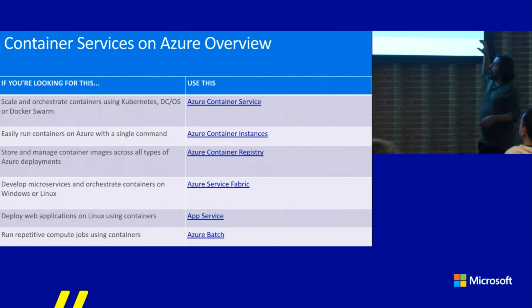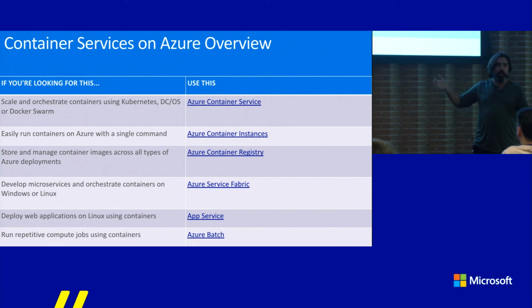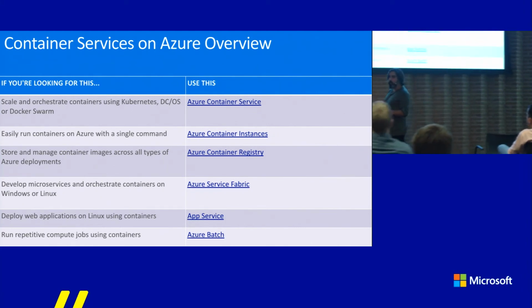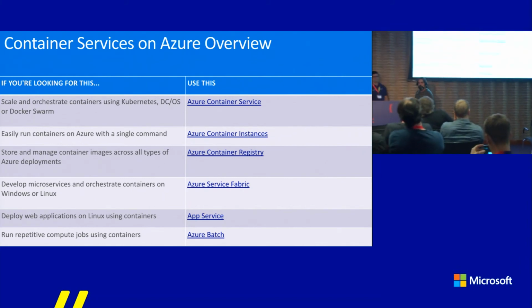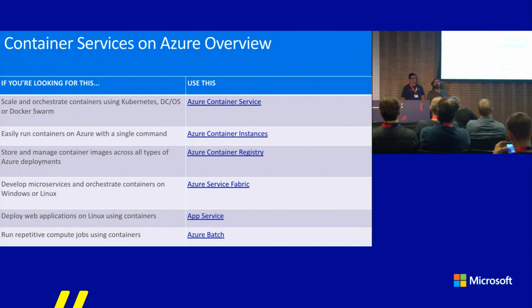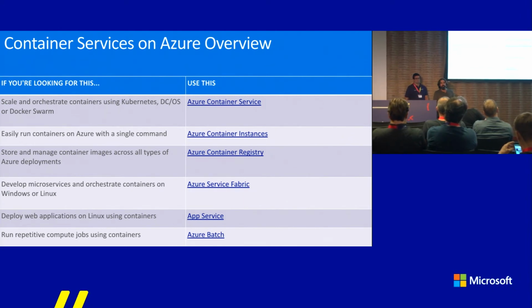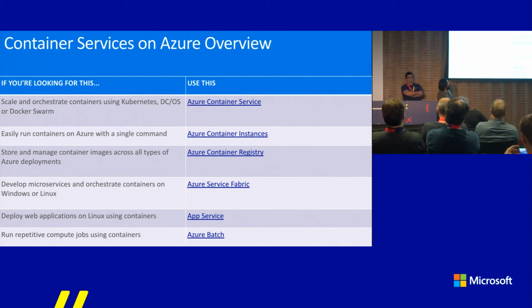Of course, you have the fully fledged Container Service, which lets you spin up entire orchestrators like Docker Swarm, Kubernetes, or Mesos. So it's more intensive, both from the billing perspective, and you have to manage your own VMs. It's not for everybody, clearly, but it's a very effective way to run containers in Azure.